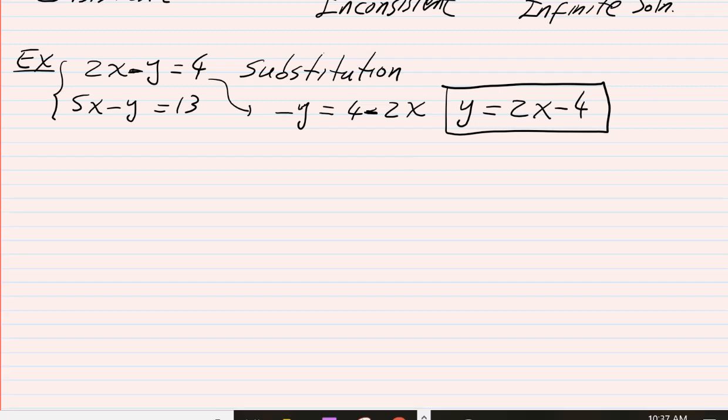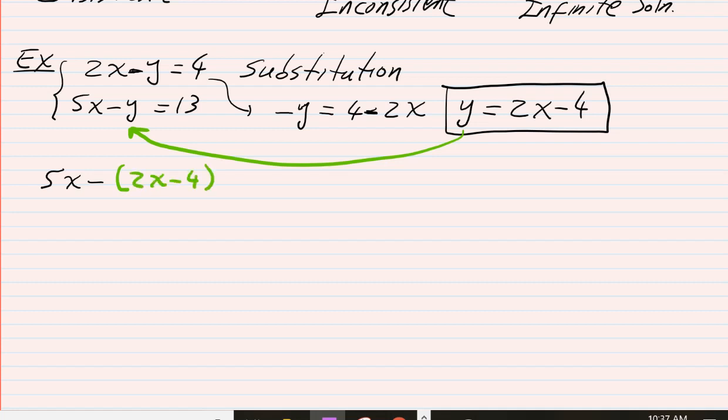Next, I need to substitute for y in the other equation. We're going to substitute it right in here. This becomes 5x minus y, but remember, y is 2x minus 4, so I put 2x minus 4 here for y, and that is equal to 13.